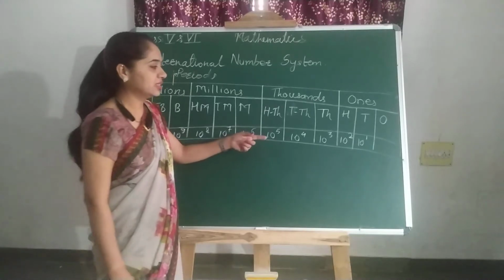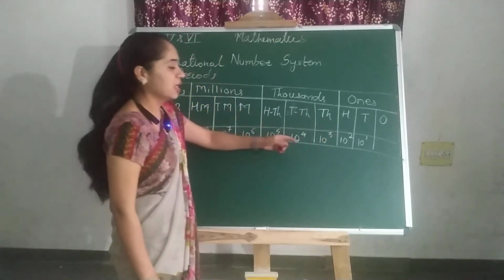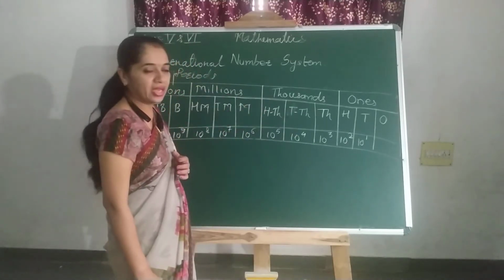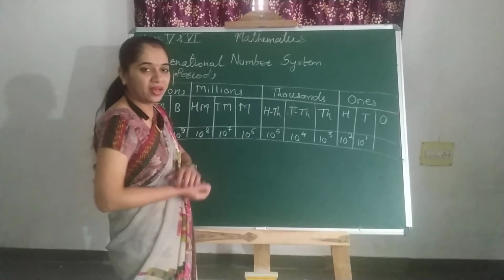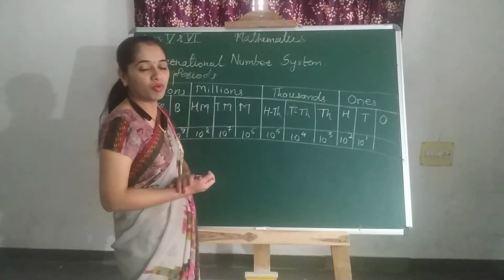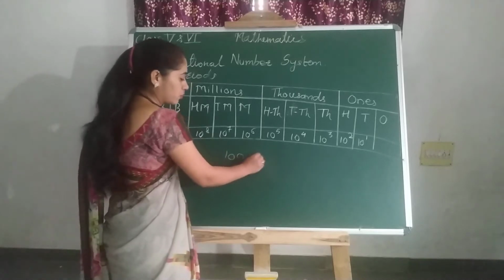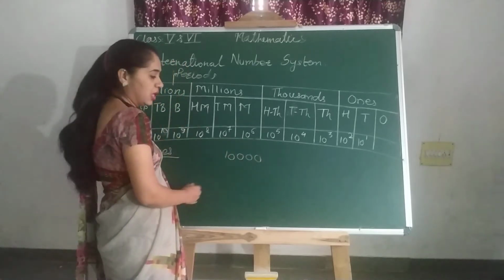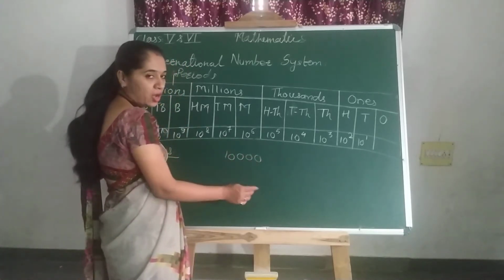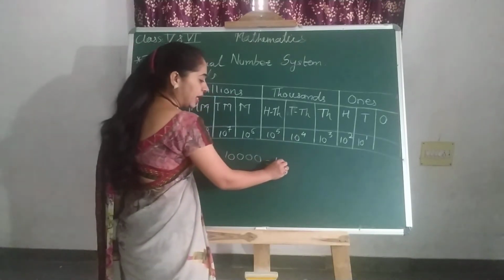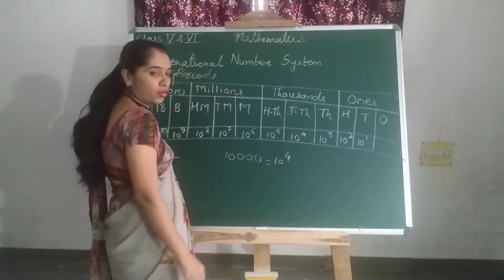What I have written here, 10 raised to 2, 10 raised to 6. Why have I written 2, 3, 4 above the 10? Actually, when you are writing a bigger number in the form of a multiple of 10, for example 10,000, if you want to write this 10,000 in short form, then it is written as 10 raised to the power of 4.